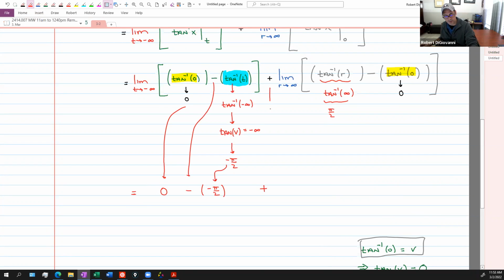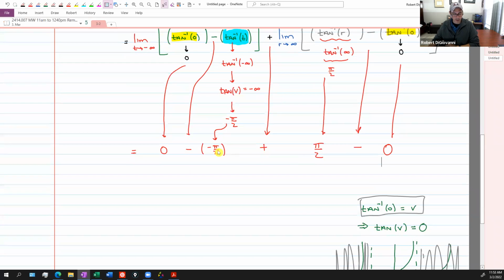Then plus, this gave us pi over 2 minus 0. That double negative gives us a positive, right? So we get pi over 2 plus pi over 2, which is pi.